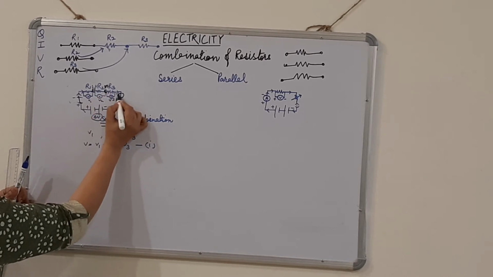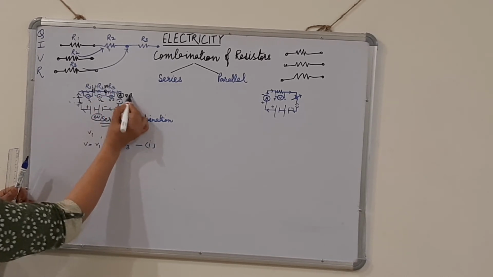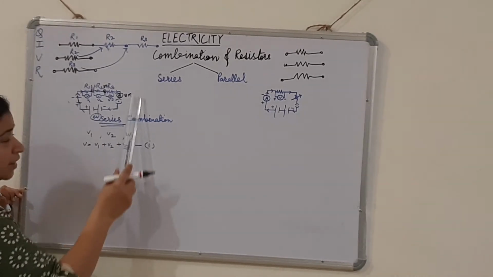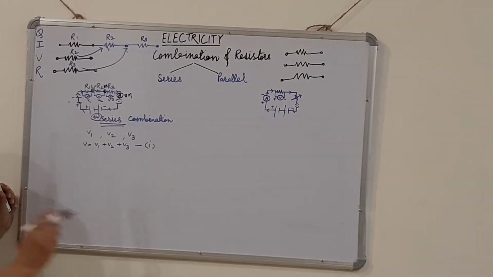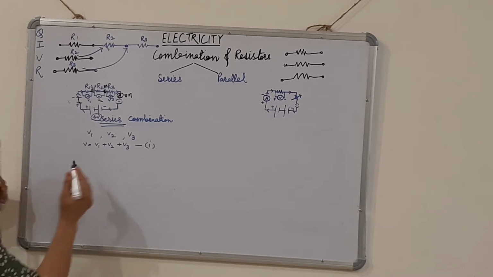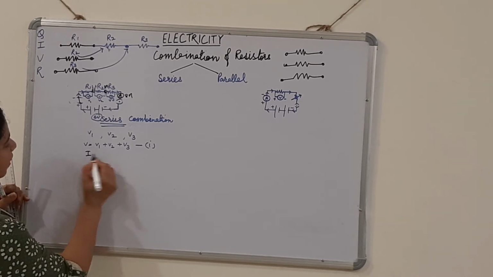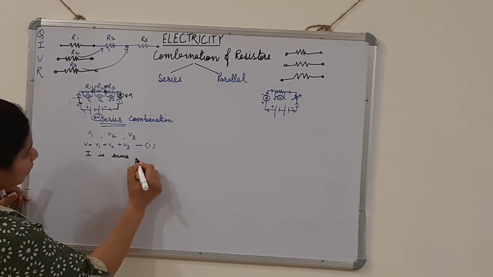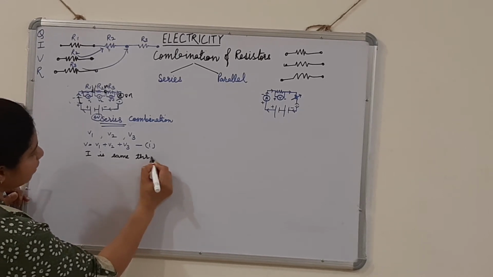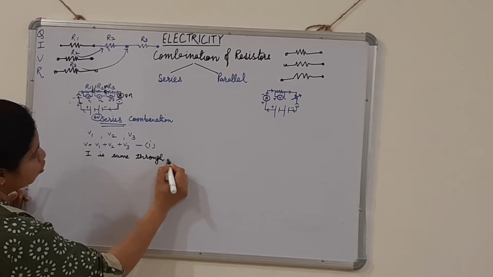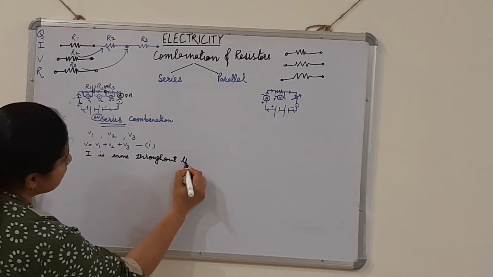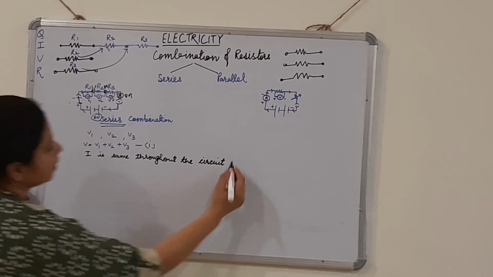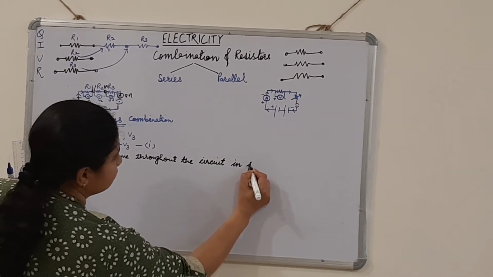Again I put the ammeter here, again 8 ampere. This means the current in the series combination is always the same. That is, I is the same throughout the circuit in series combination.